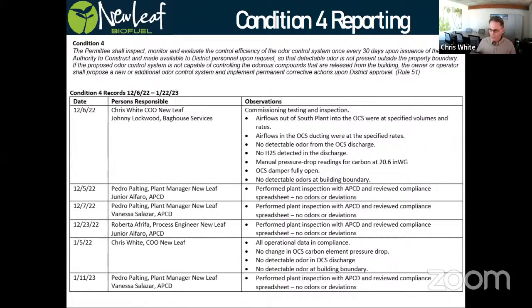I drive here every day. I get here at 6 o'clock in the morning. I open my car window every time I drive up to make sure I can't detect anything. I park outside the south plant. I walk around it every day. What I'm looking for when I get out is, is there anything I can notice? When I walk around, is there any point where I notice a detectable odor versus the moment before or the moment after?